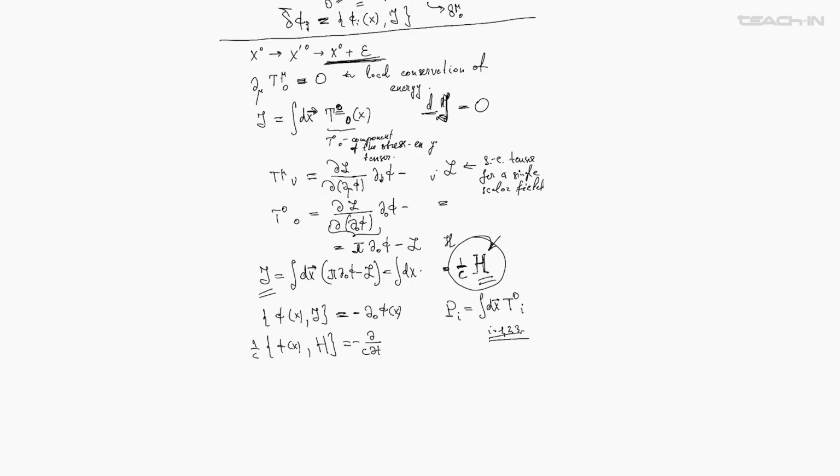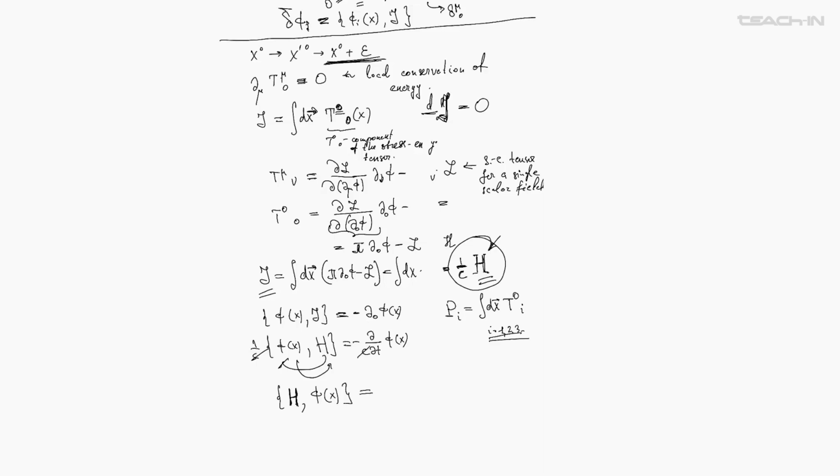This I interchange by using the skew symmetry of the Poisson bracket, and in this case I arrive at the following equation. The Poisson bracket of the Hamiltonian with the field phi on x is equal to phi dot on x.